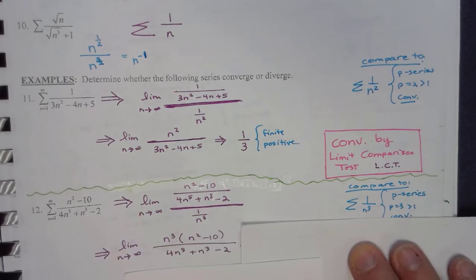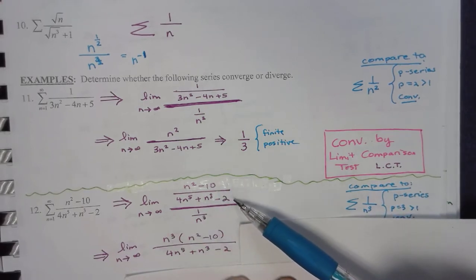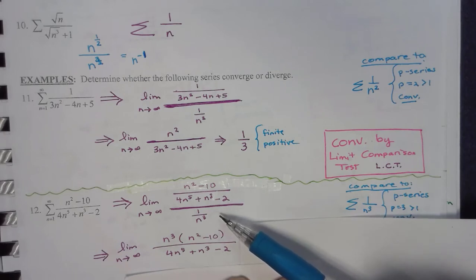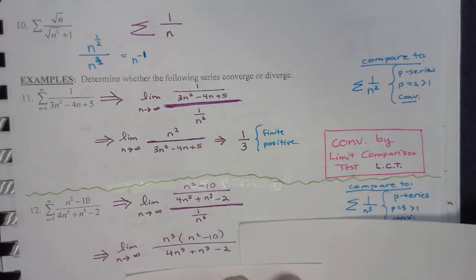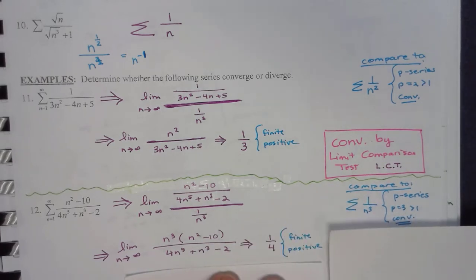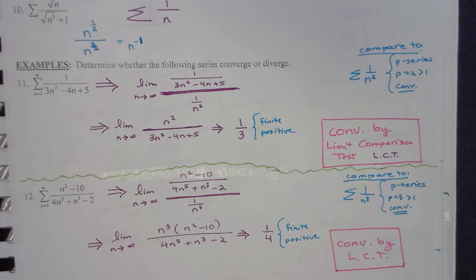Simplifying our work, notice that n squared minus 10 over 4n to the 5th plus n cubed minus 2 divided by 1 over n cubed brings that n cubed as a coefficient on the top of the fraction. And we can see that our degree of the top is 5, our degree of the bottom is 5, so our limit is 1/4, which is finite and positive. Therefore, this series converges by the limit comparison test.